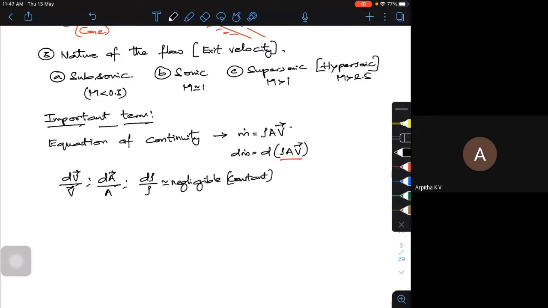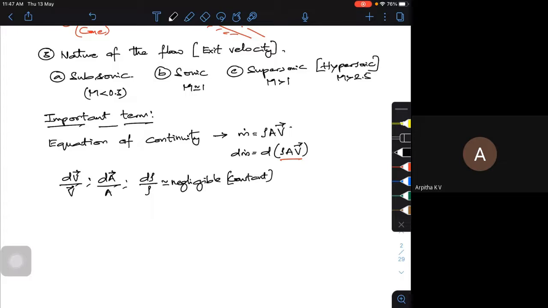That's the only thing when we look at the fluid flow in the nozzle. There can be a change in velocity because the velocity will accelerate from inlet to exit, and the cross-sectional area is also changing from inlet to exit. But the density changes may be very, very small.